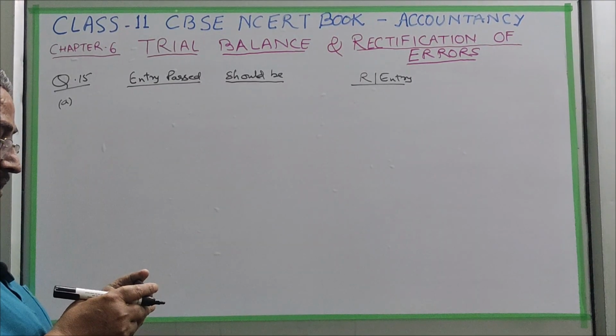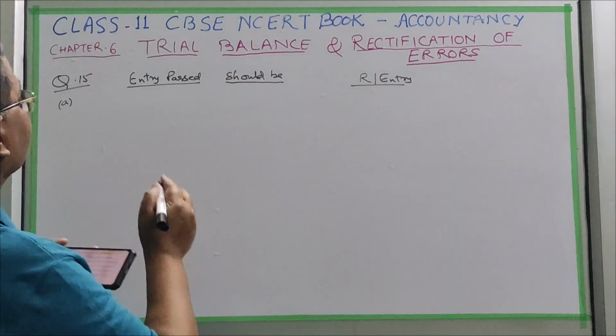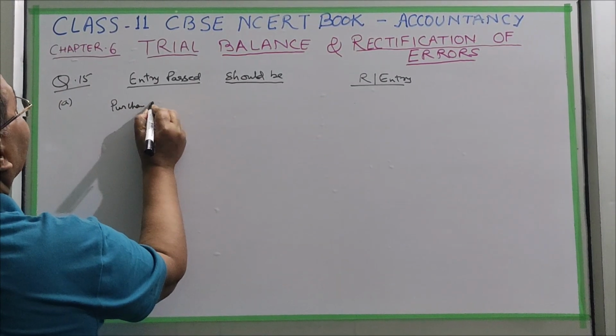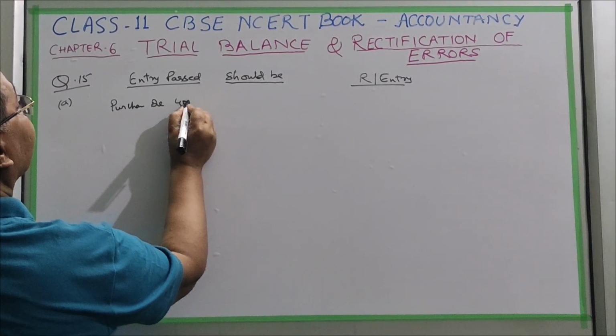Furniture purchased 10,000 wrongly debited to purchase account as 4,000. So you have the purchase debit. Purchase account was debited 4,000.